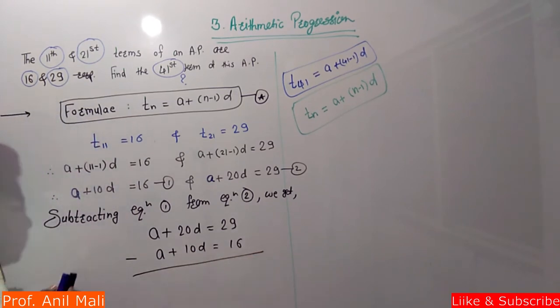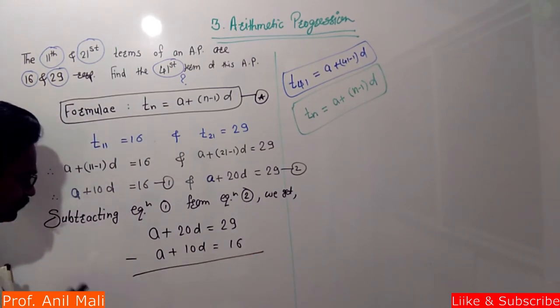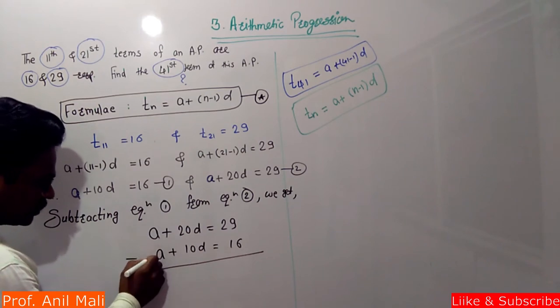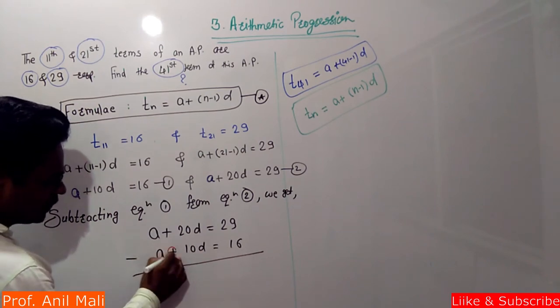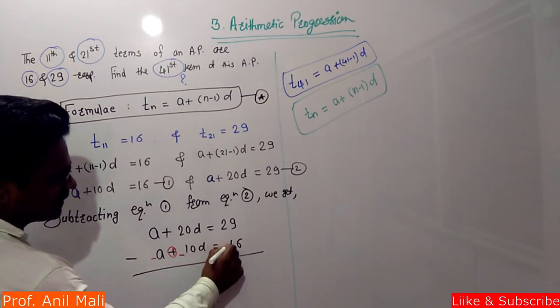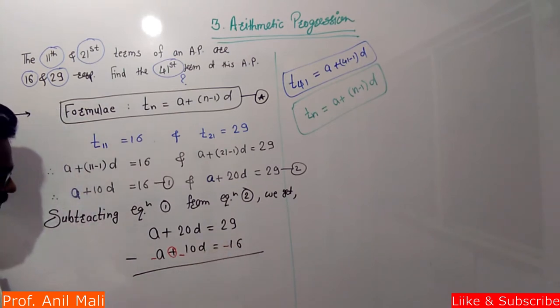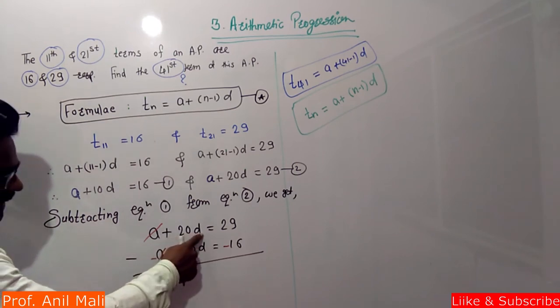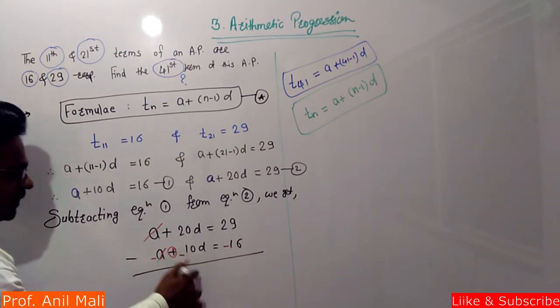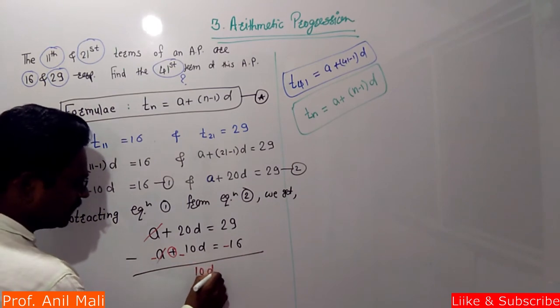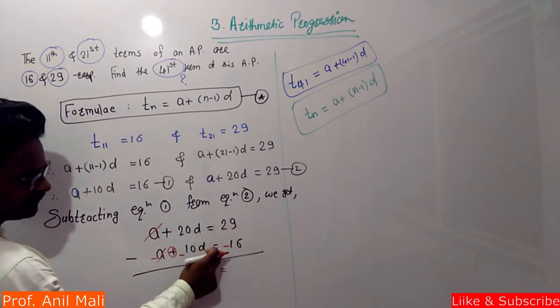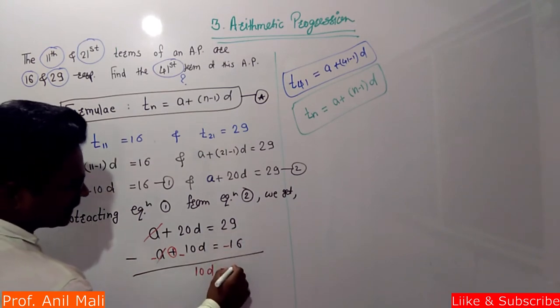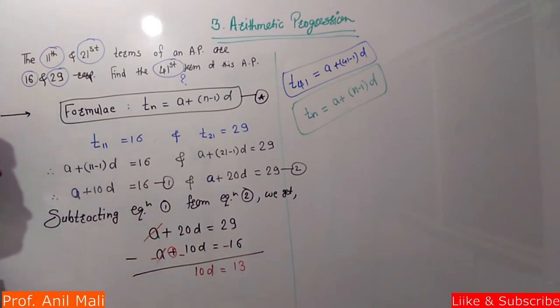So the simple subtraction is there. Now this minus sign is here, so this will become minus, this will also become minus, and this will become minus. So a minus a gets cancelled. 20d minus 10d will become 10d is equal to 29 minus 16, which is 13. So 10d is equal to 13.